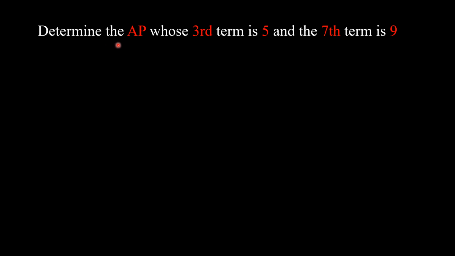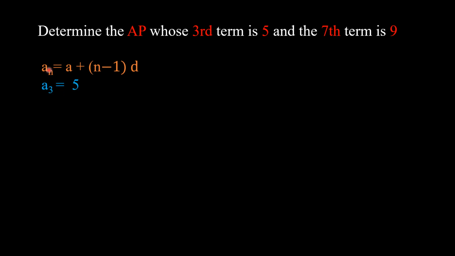Determine the AP whose 3rd term is 5 and the 7th term is 9. The general form of the nth term of an AP is AN equals A plus n minus 1 into D. Now we are given the third term to be 5. So we write A3 equals 5.